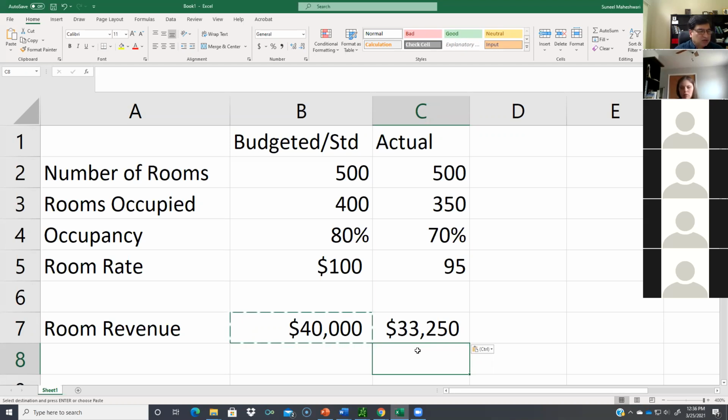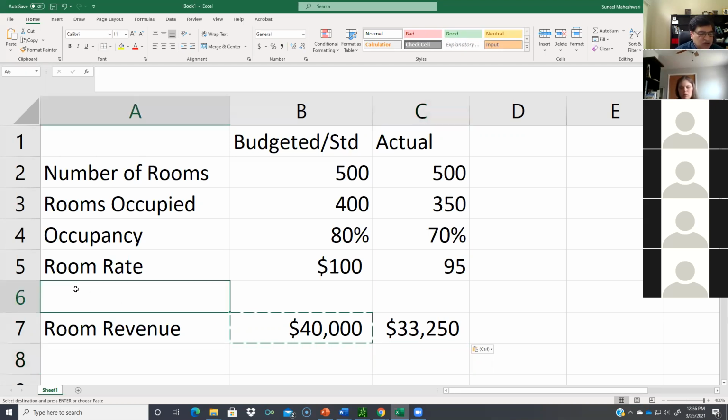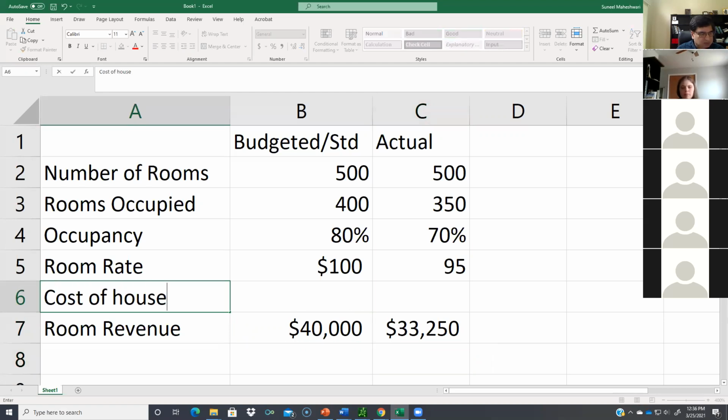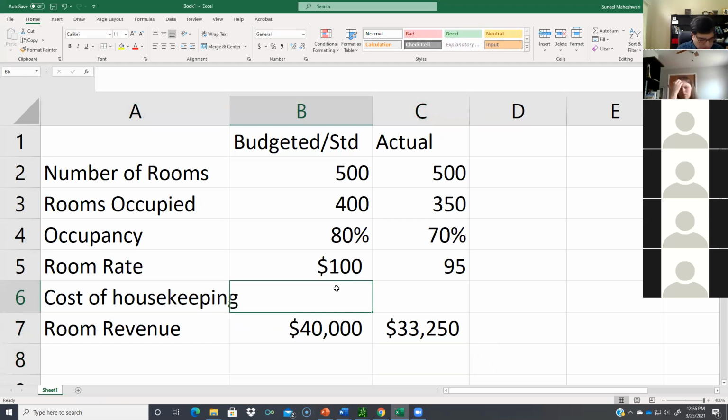Okay, very good. Now, let's assume that the cost of housekeeping in those rooms was budgeted at, say, $20 per room per day.